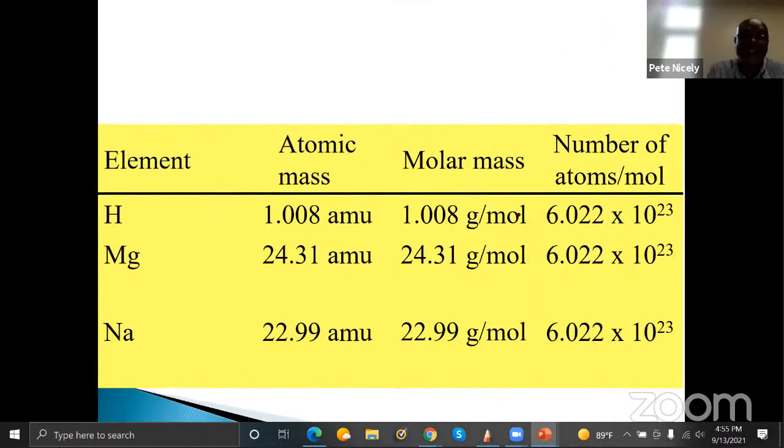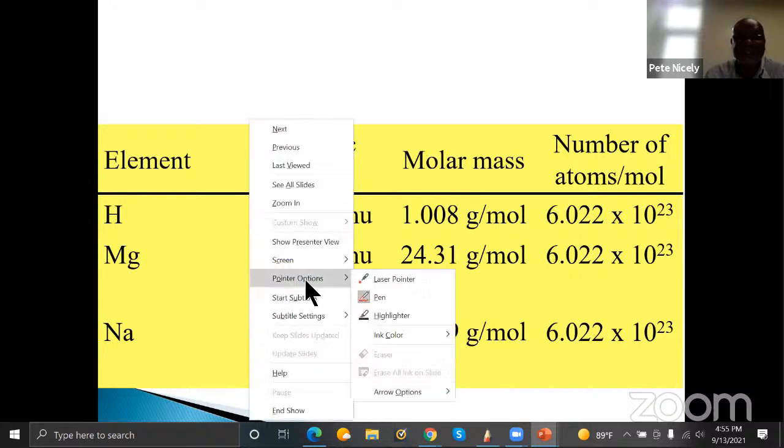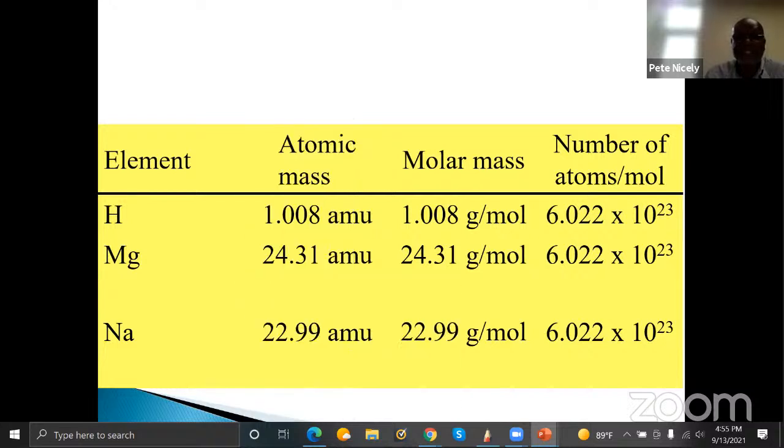So for example, hydrogen has an atomic mass of 1.008 AMU. The molar mass is going to be 1.008 grams per mole, and therefore the number of atoms present in 1 mole will be 6.02 times 10 to the 23. And that is true for magnesium in terms of the number of atoms per mole, and for sodium.